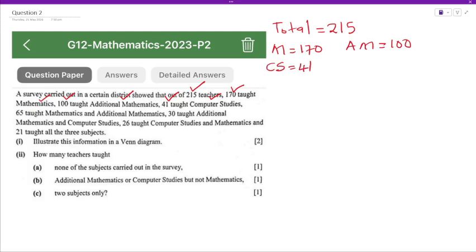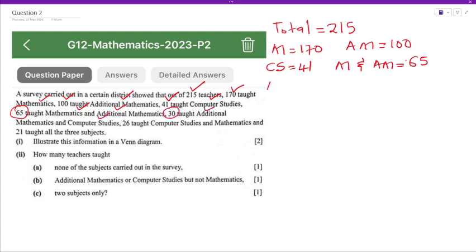Okay, then 65 taught math and additional math. Allow me to use this symbol for "and": math and AM is equal to 65. And then 30 taught additional mathematics and computer studies.